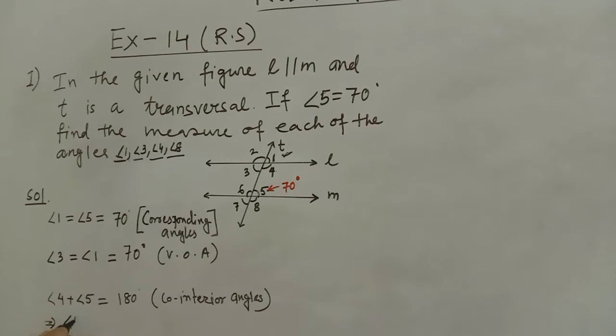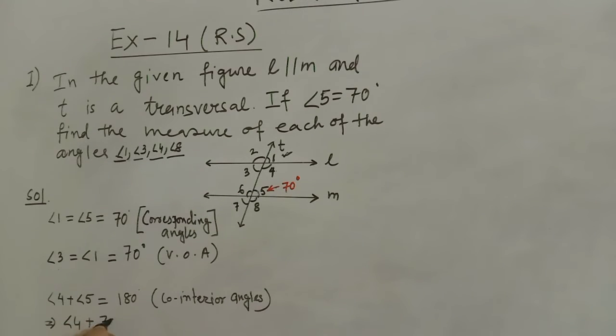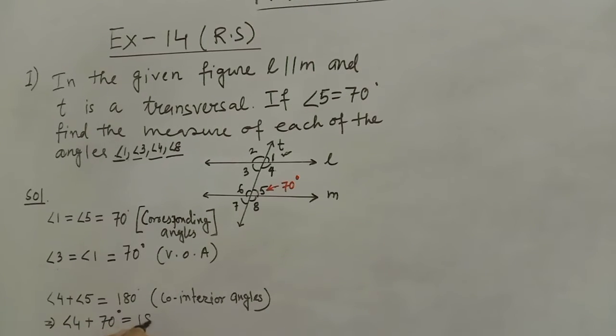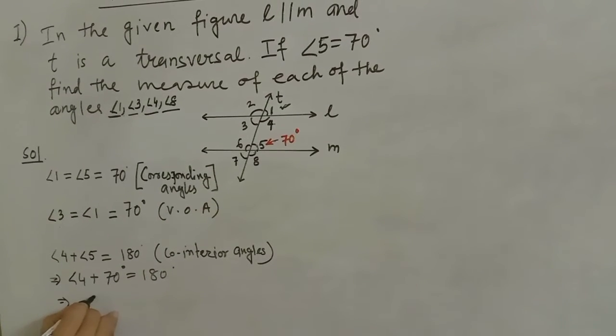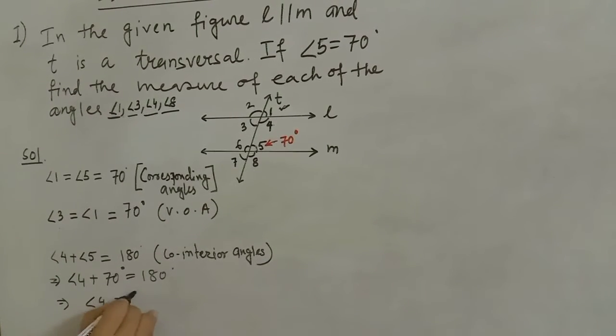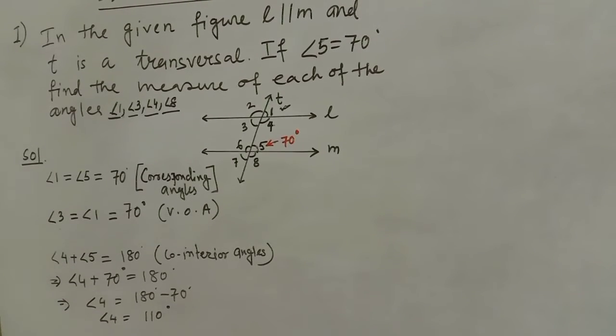So angle 4 plus 70 degree is equal to 180 degree. Now angle 4 is equal to 180 degree minus 70 degree, equal to 110 degree. Angle 4 is equal to 110 degree.